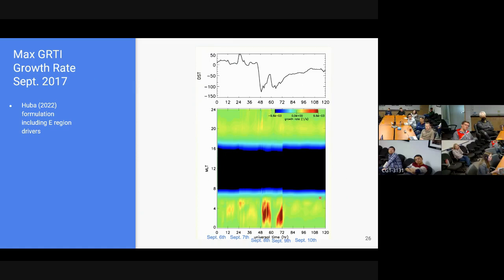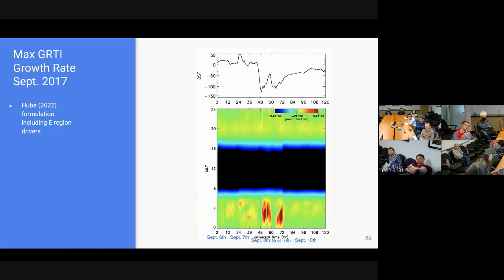On September 6th, on the quiet day before the storm began, we do see enhanced growth rates right around dusk, which is what we would typically expect to see for the Rayleigh-Taylor instability. Though by including F region and E region drivers, we also see some enhancements post-midnight as well, even at quiet time.